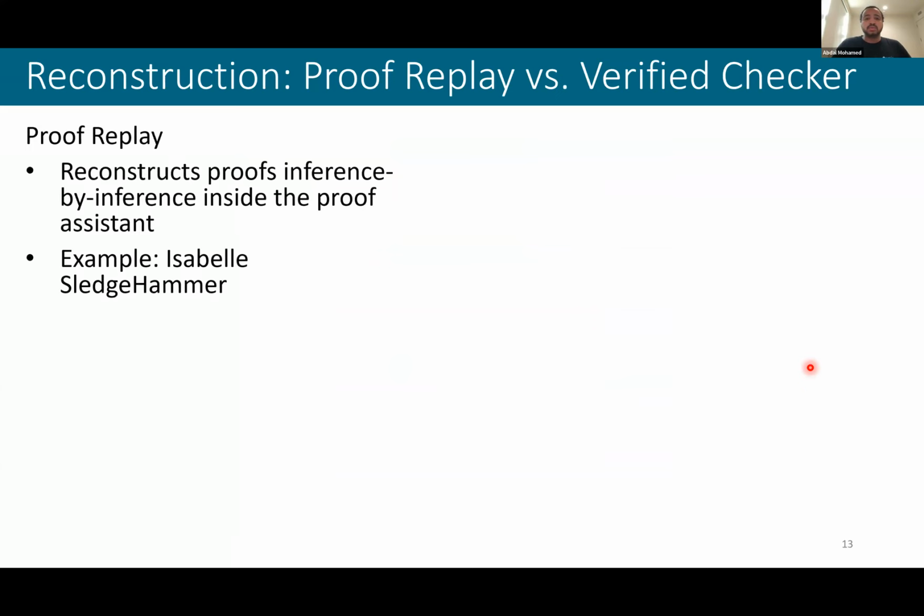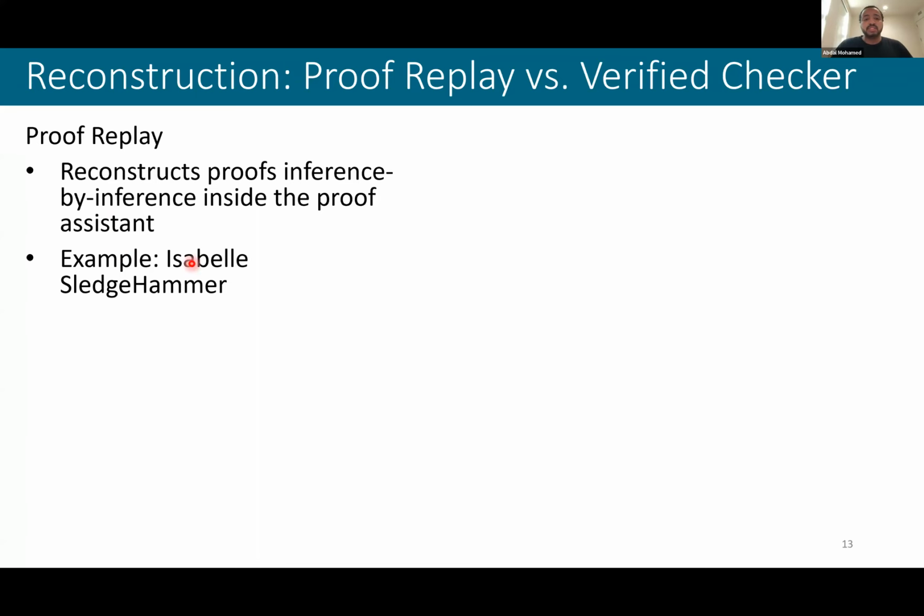Before we talk about reconstruction, we also need to talk about the approaches that people take for proof reconstruction. There are two known ways to reconstruct proofs in a theorem prover. One way is called proof replay, and the other one is called verified checker. In proof replay, we reconstruct the proof inference by inference, proof step by proof step, in Lean, and we replay those proof steps in the theorem prover.